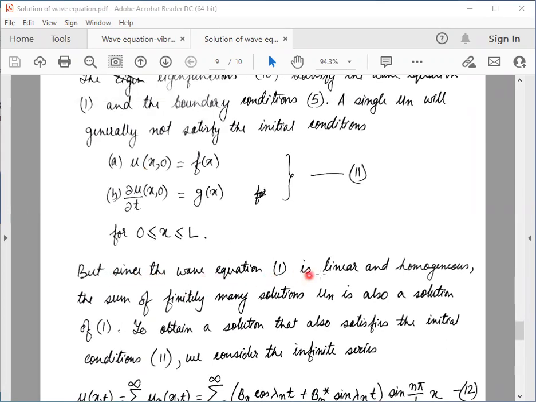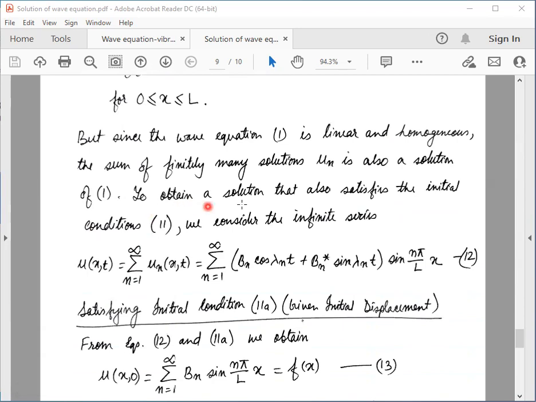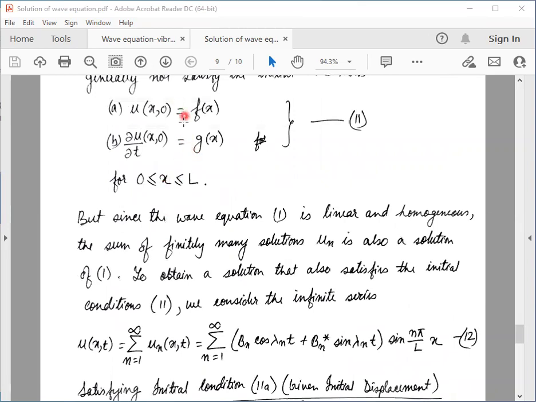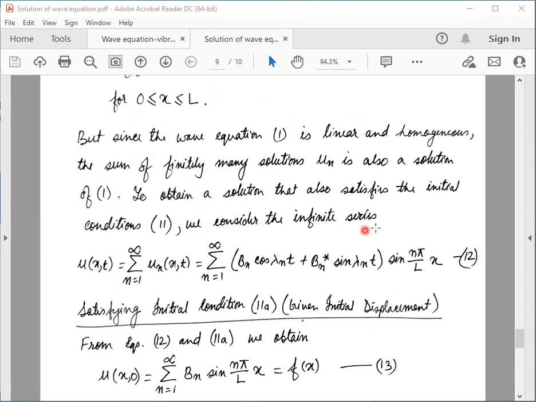But since the wave equation is linear and homogeneous, the sum of many solutions u n is also a solution of equation number 1. So to obtain a solution that also satisfies the initial conditions given by these two, we consider the infinite series.